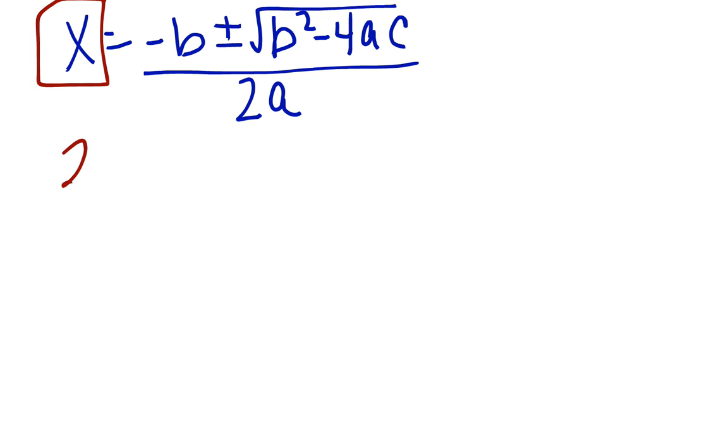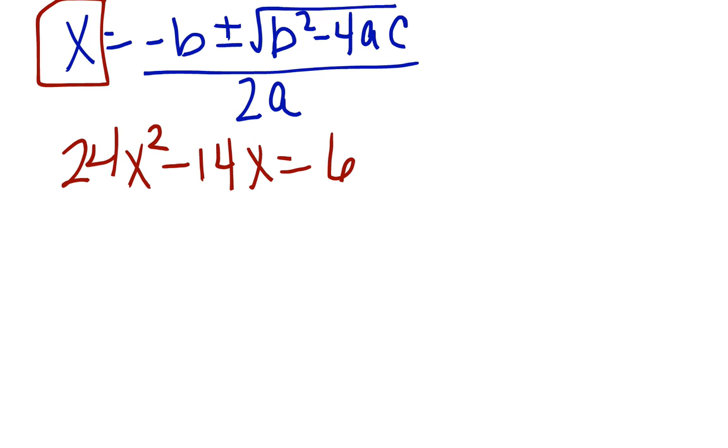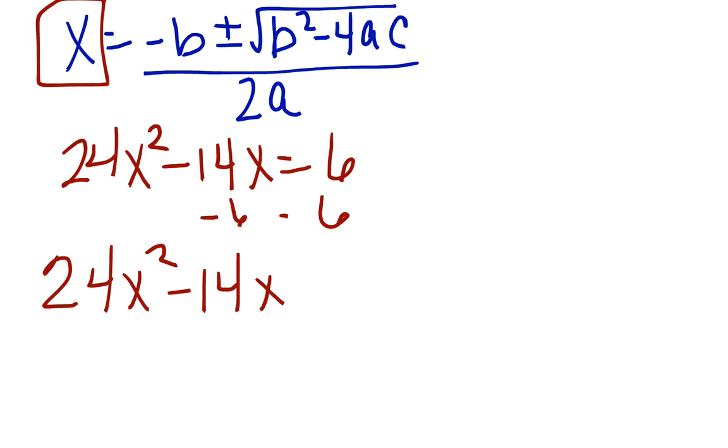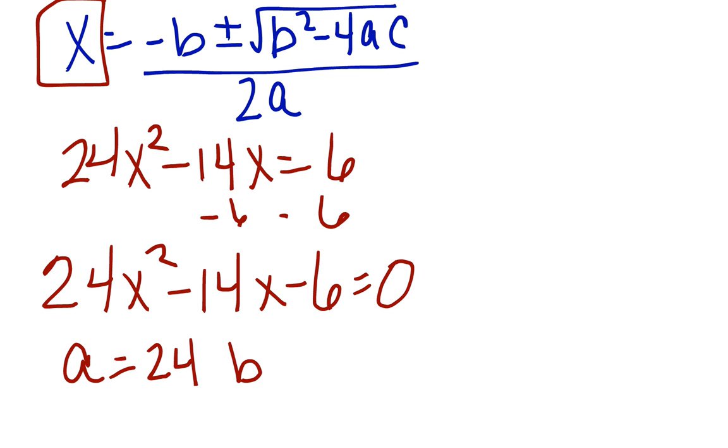So let's take a look. What if we had 24x squared minus 14x is equal to 6? Well, we want to get it into our ax squared plus bx plus c standard form. So let's subtract 6 from both sides, and we have 24x squared minus 14x minus 6 equals 0. Now we know that a is equal to 24, b is equal to negative 14, and c is equal to negative 6.